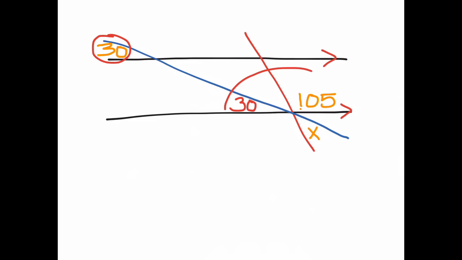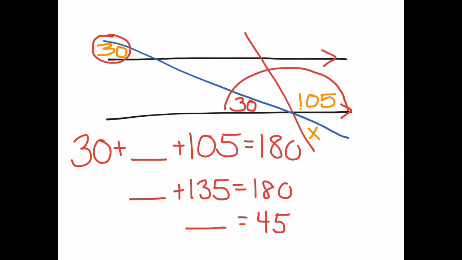So then these three angles right here add up to 180 degrees because they make a line. So I've added them all together to equal 180, and then I've simplified to get the angle I don't know is 45 degrees. So this one right in here is 45 degrees. And x and that angle are vertical angles, which means they're congruent. So x equals 45 degrees.